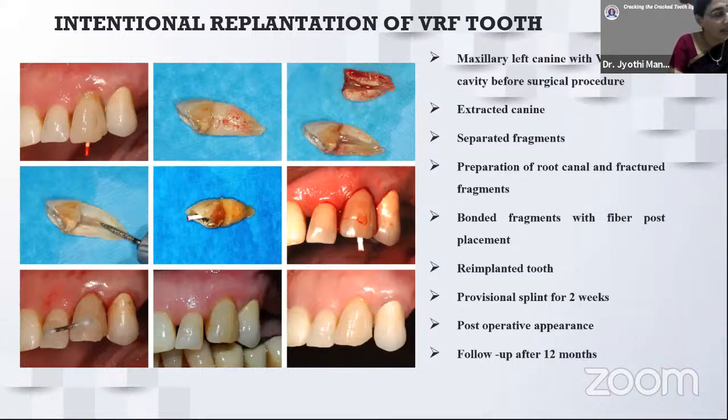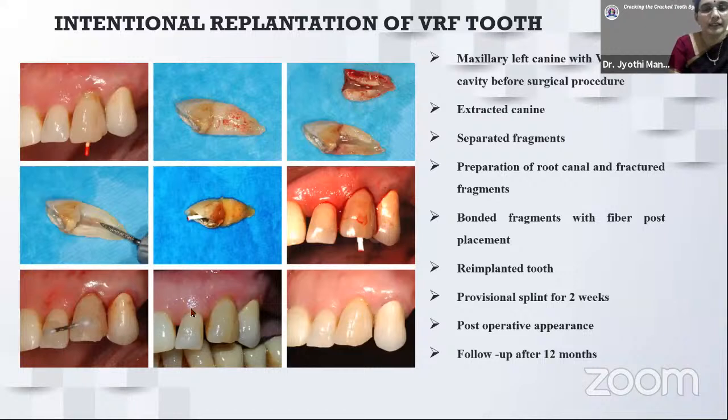The fractured fragments were bonded with, I think, a 4-META containing bonding agent, and flowable composite was used to bond both the fragments, and then it was replanted and stabilized with a temporary splint for 2 weeks.